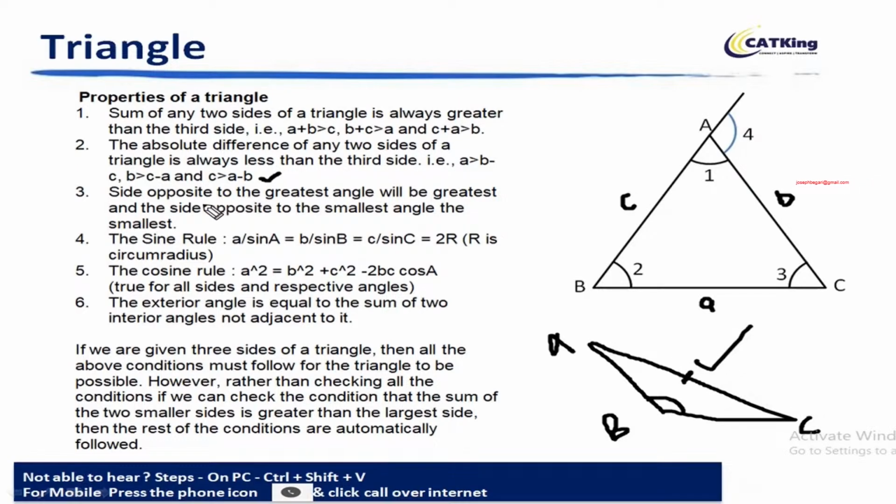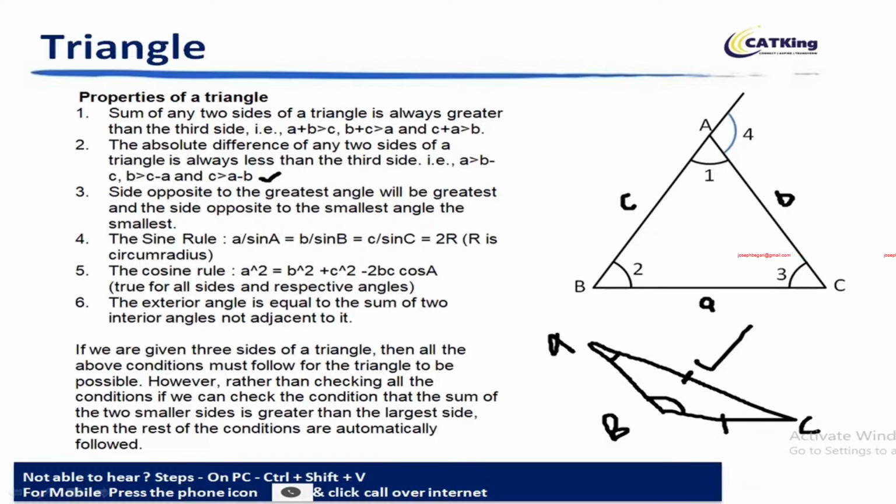So this is what the property says, that side opposite to the greatest angle will be the greatest, and side opposite to the smallest angle, if suppose this is the smallest angle, then BC will be the smallest side. Okay?